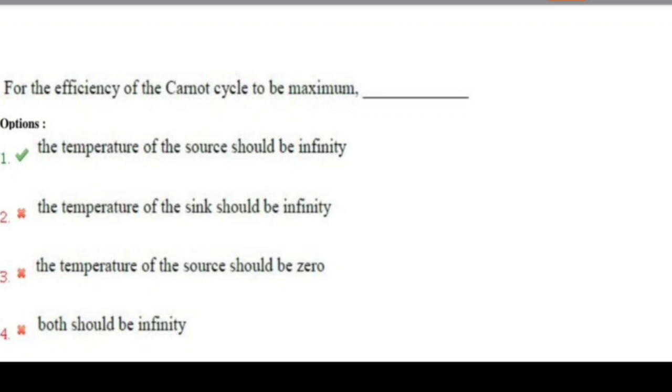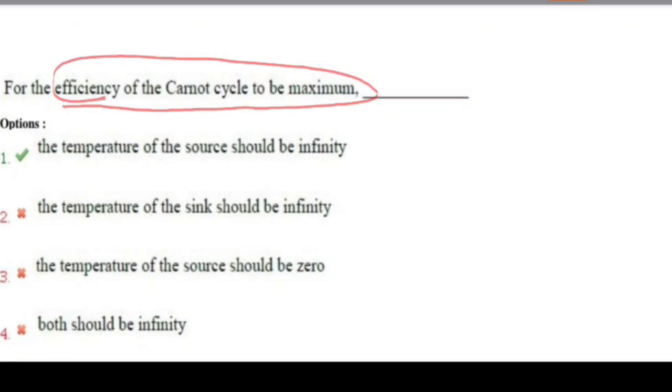Let's see the next question. For the efficiency of Carnot cycle to be maximum, what should be done? Options: the temperature of source should be infinity, the temperature of sink should be infinity, the temperature of source should be 0, both should be infinity. Suppose this is a source and this is a sink.